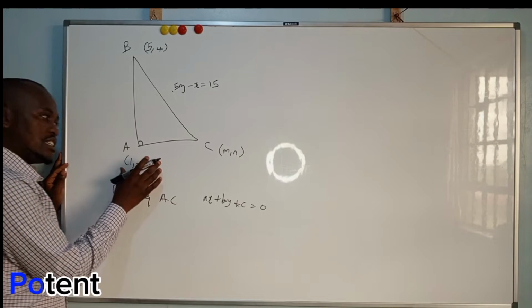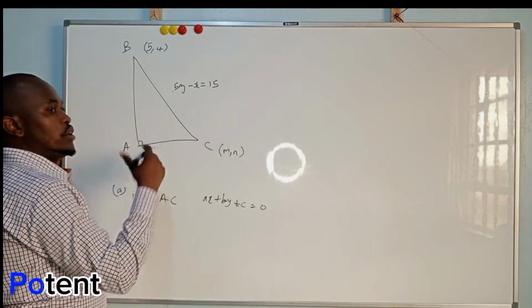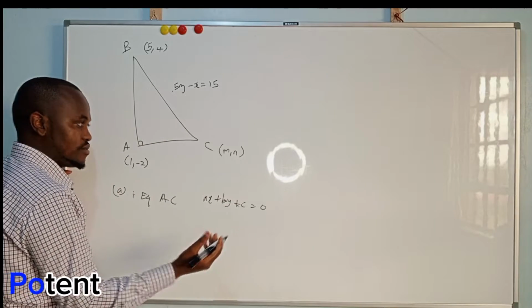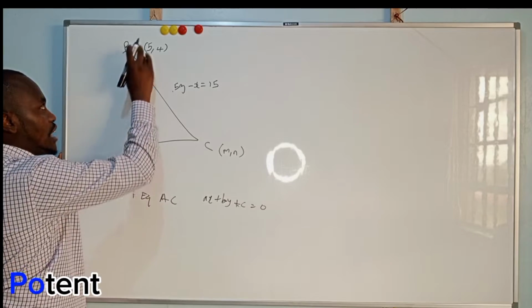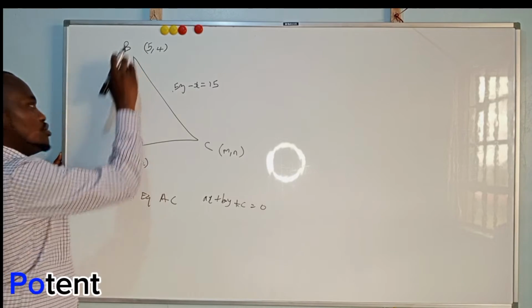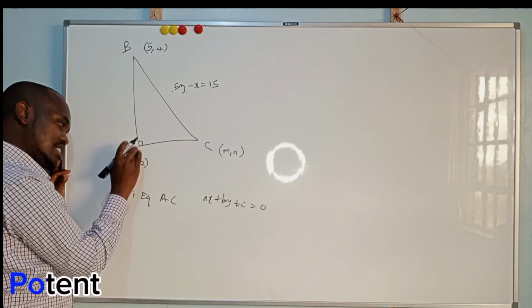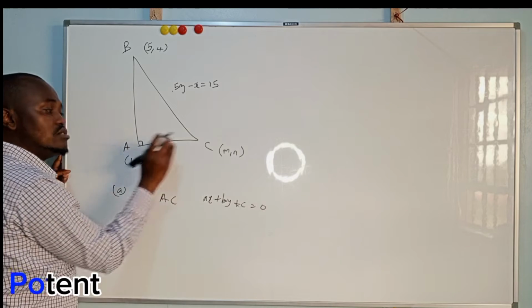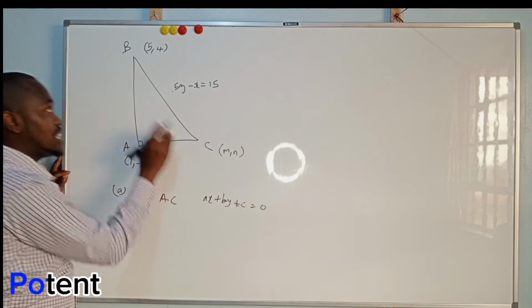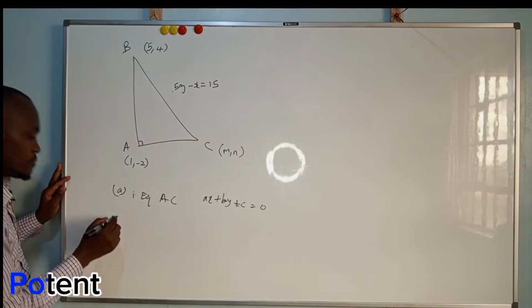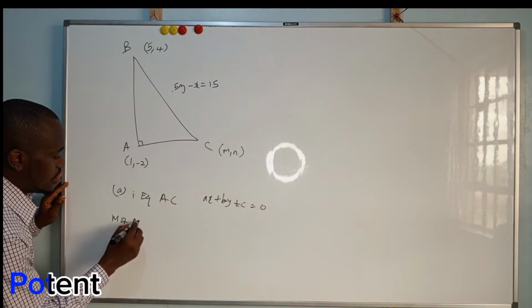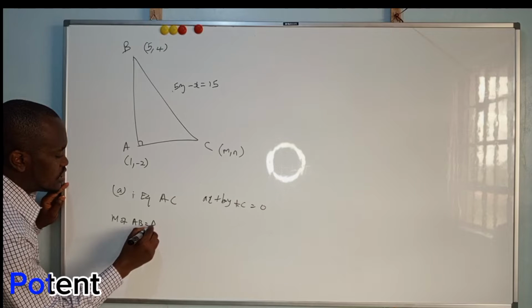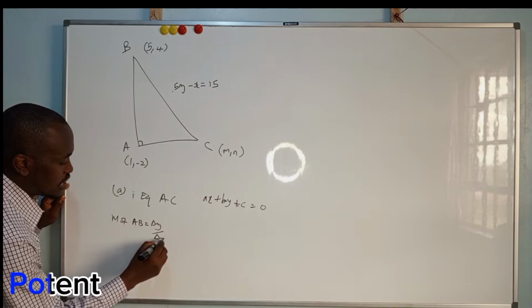If you're not given the gradient, you're supposed to have a way you can determine it. Remember this is 90 degrees. You can find the gradient of AB and then use it to derive the gradient of this line. So the gradient of AB, m of AB, is equal to change in y over change in x.